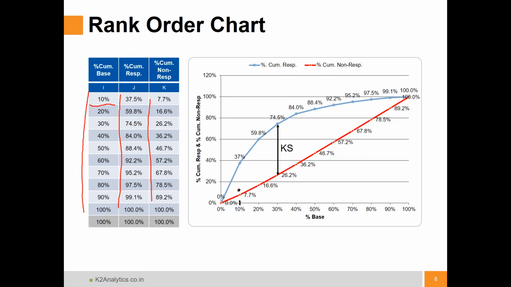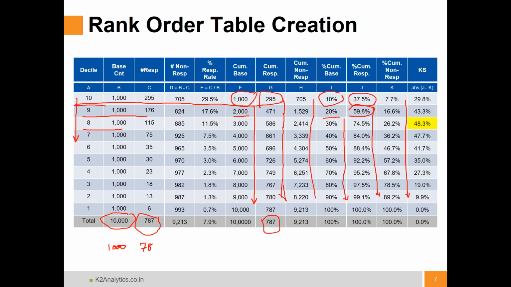But how many responders are getting captured? 37. And how many non-responders are there? Only 7.7. If this has got 10 percentage of the population, then 10 percentage of responders should be there. Likewise, 10 percentage of non-responders should be there.